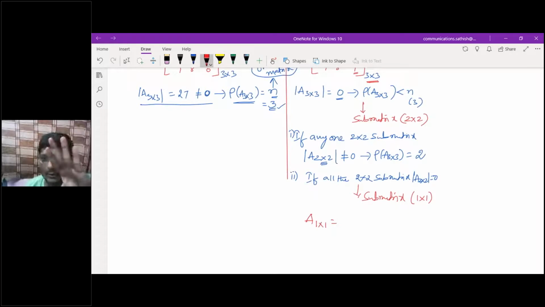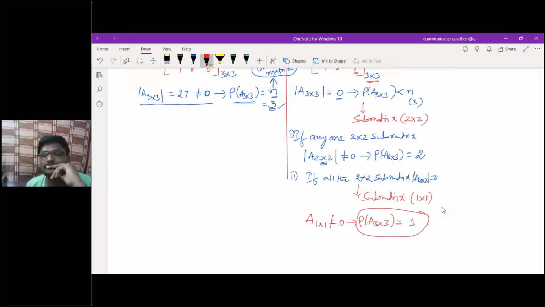It won't be 0. Am I correct or wrong? Then the rank of the total third order matrix will be what? 1, right? Are you getting what I'm saying? Yes, sir. Is it clear?